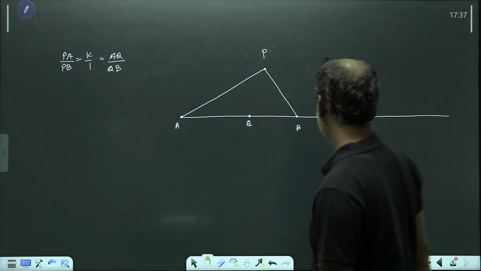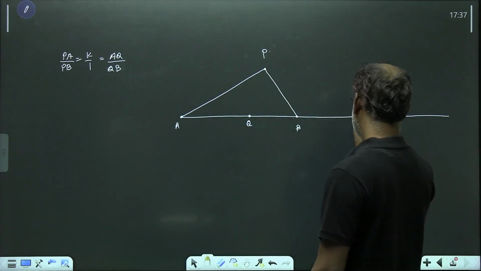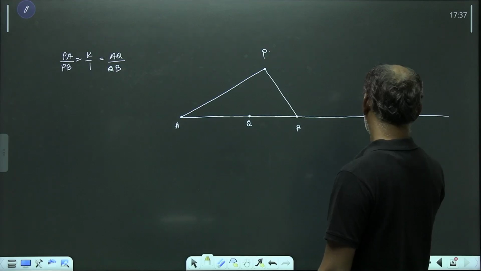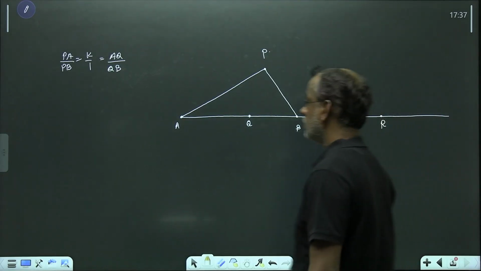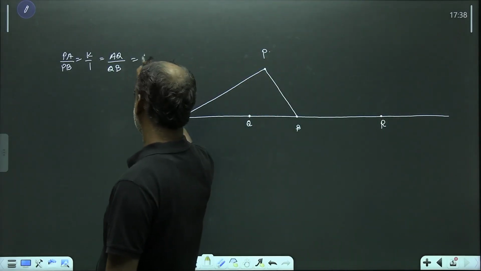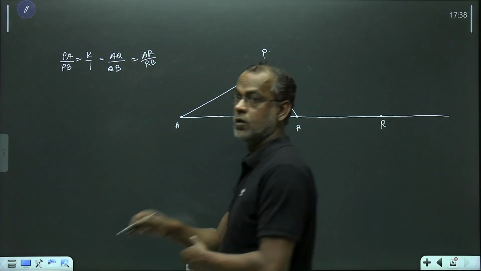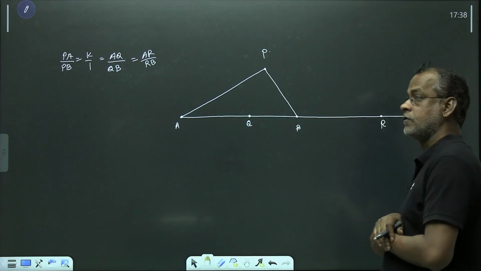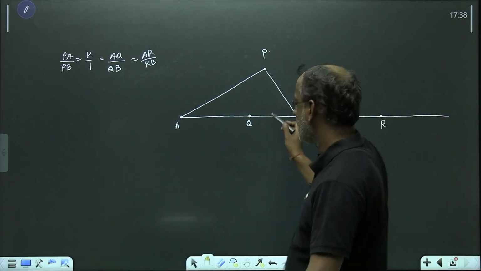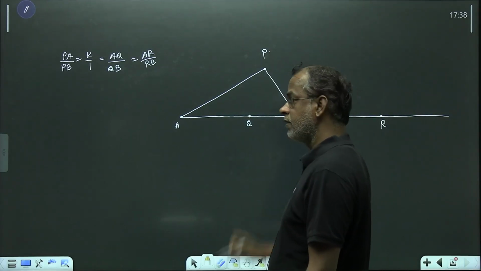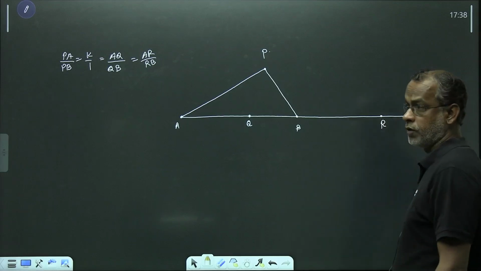And there will also be a point R such that this will be equal to AR by RB. So, what we are saying is that we can take our point P to be this point, we can also take our point to be this point.